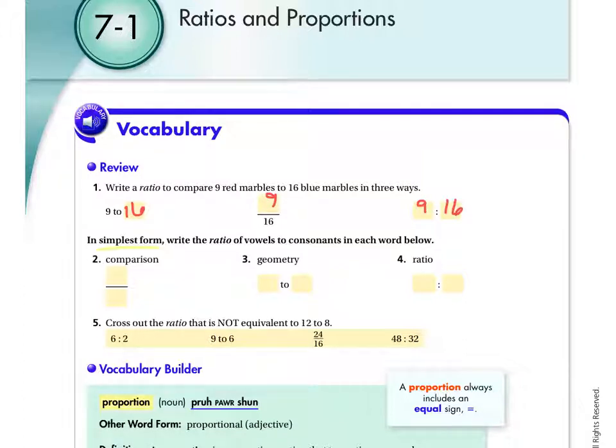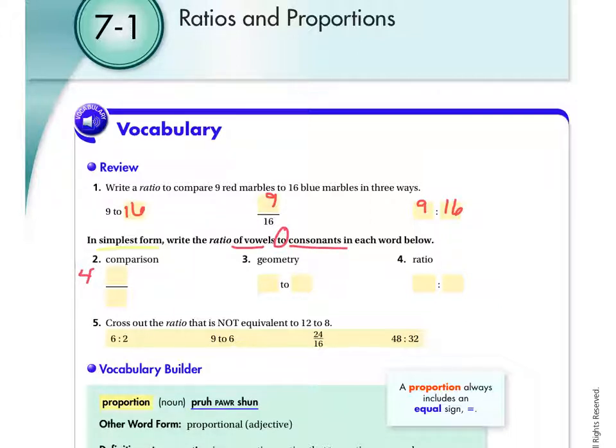So when you look at the word comparison, how many vowels are in the word comparison? There's O, so that's 1, and then A, that's 2, I is 3, and O again is 4. And so I'm going to put a 4 over here because it's not going to be fully reduced. So we'd have 4 vowels. And notice that they say up here, vowels to consonants.